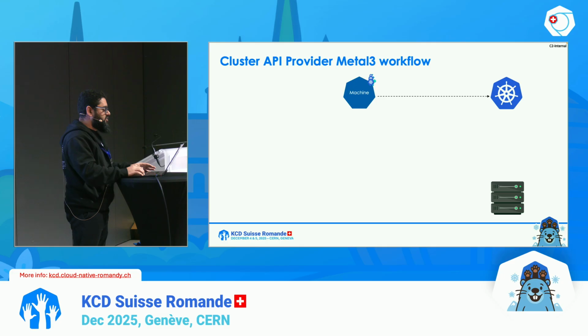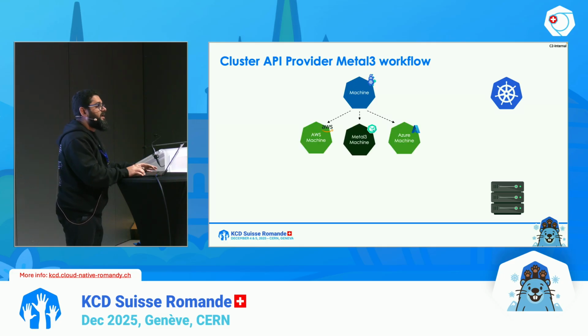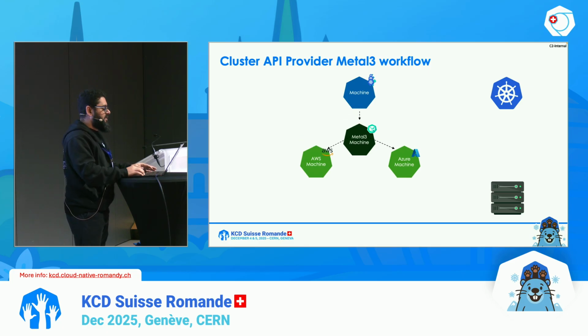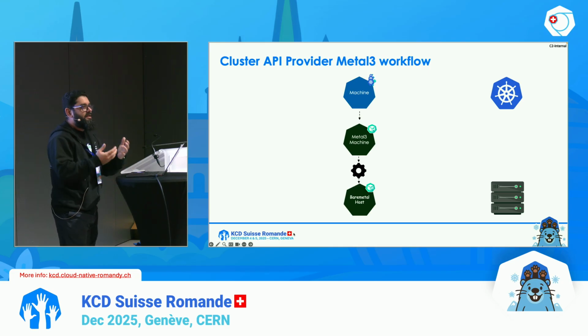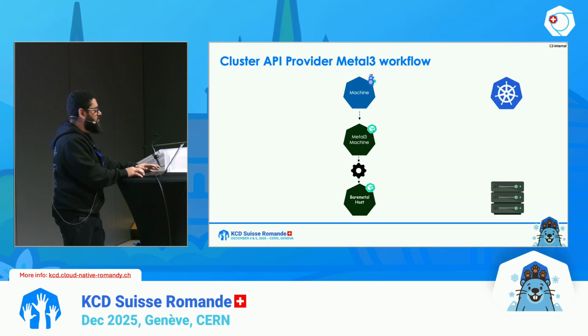As I have already shown you, Cluster API can manage these providers the same way it would be deploying a VM. But here we are only concerned about Metal3. So we have an operator, this Bare Metal Operator, which is reconciling the object inside Kubernetes called BareMetalHosts, and then it is provisioning the Kubernetes cluster on top of that.